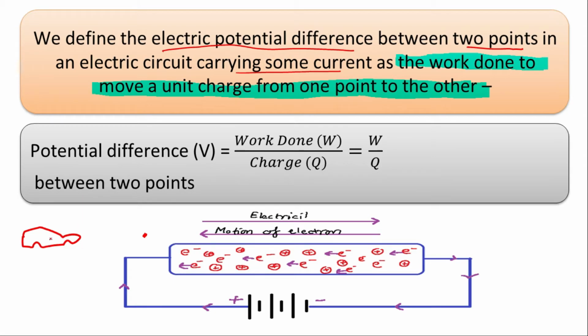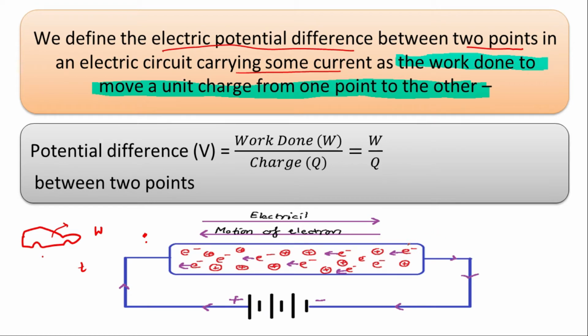It has to do some mechanical work, and for the movement of this car from here to here, some mechanical work and time are required. Similarly, for the flow of electrons inside a conductor, work and charge are required. So the work done to move one unit charge from one point to another is known as electric potential.